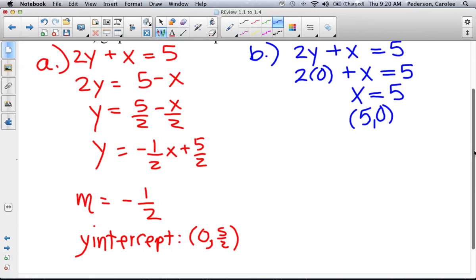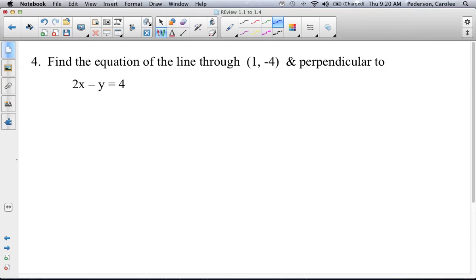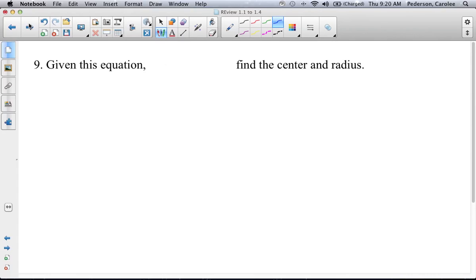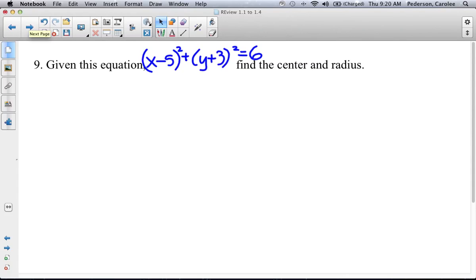Number 9. Let's find the center and the radius of this. What is this? A circle. So to find the center, we're looking in those parentheses for the h and the k.